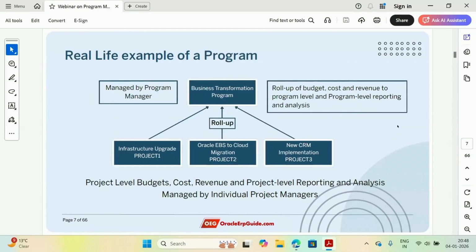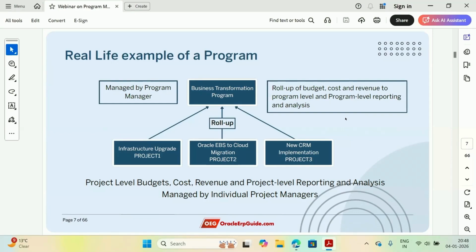Moving further, see this example. This is from the consulting industry, so you might be able to relate more. So for example, let's say you have a business transformation program. You might have heard this term in the different companies where you have worked. We say that there is a business transformation program. We never say that a business transformation project is going on. Why do we say it is a program? Because under this complete business transformation, there are multiple child projects.